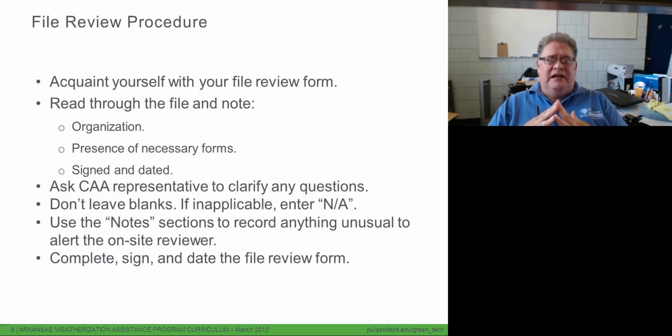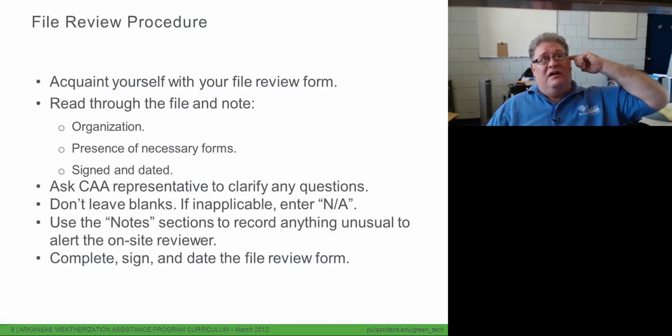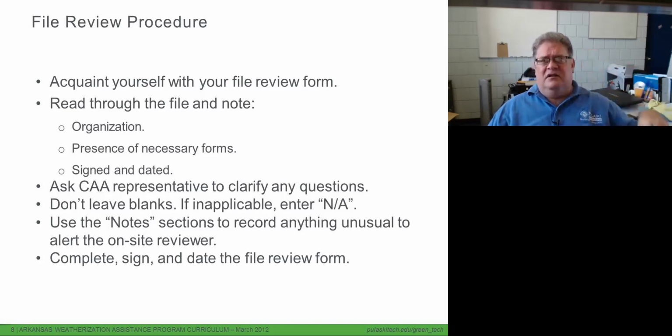There should be no blanks when you review. So if you're doing a desk monitor, if you're reviewing a client file, and you've got your monitoring form, as you look for something, if it was looking for, let's say, the ages of dependent children in the household, then you might put NA with an explanation that says no dependent children reside in the household, rather than just putting NA and leaving it blank.